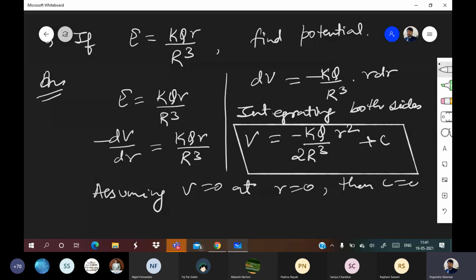But again, it is an assumption, I am telling you. So V comes out to be minus KQ R square upon 2R cube. That will be the answer.